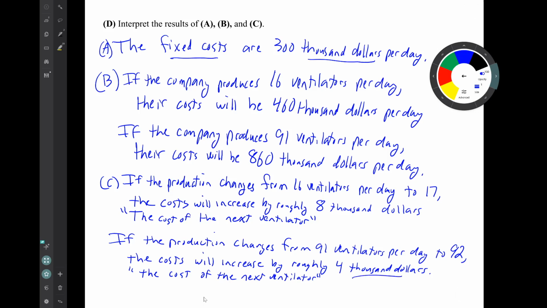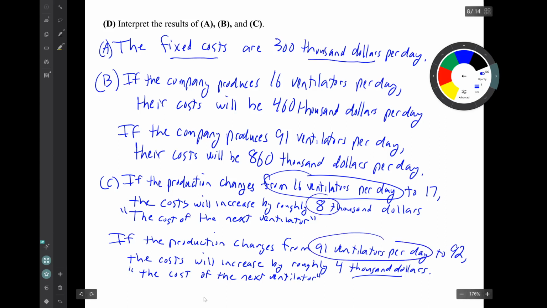And again, that's what the book might call the cost of the next ventilator. So looking at the big picture, when you're at a production level of 16 ventilators per day, the cost of the next ventilator is $8,000. If you're at a production level of 91 ventilators per day, then the cost of the next ventilator is only $4,000. So the trend is that the cost of the next ventilator goes down when your production level goes up.